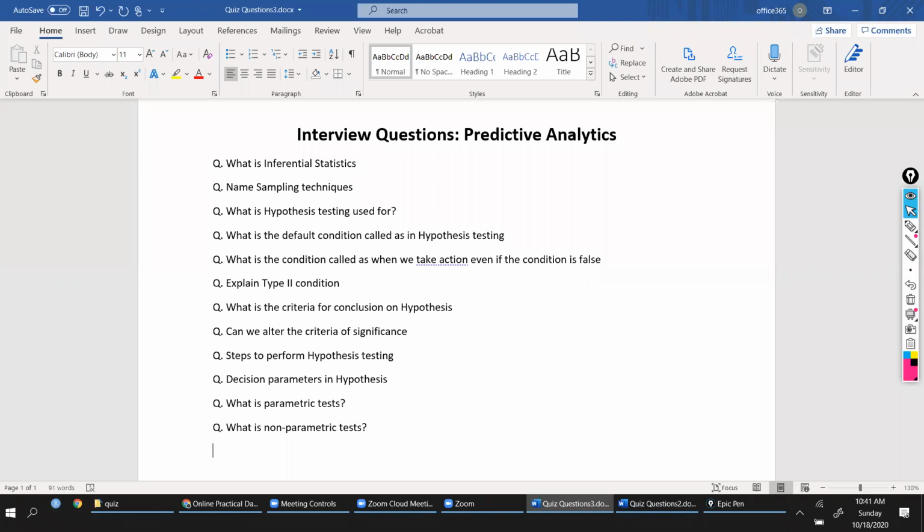Parametric test looks at the distribution of the data. We make assumptions about the distribution of the data, and based on that, we try to make the inferences. In non-parametric test cases, we do not look at the distribution of the data. That's the primary difference.